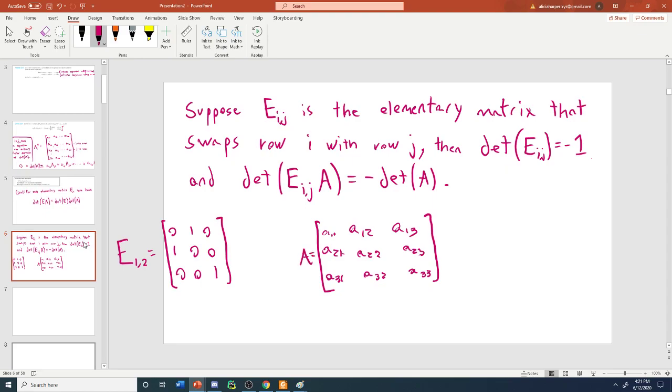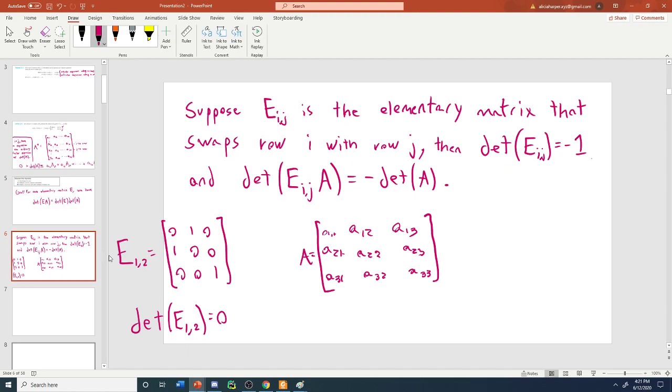And if you want, you can do a cofactor expansion on the bottom row here. And after doing a cofactor expansion and looking at the determinant of this 2x2, you can see very quickly in this specific case, the determinant of E12 is equal to -1.